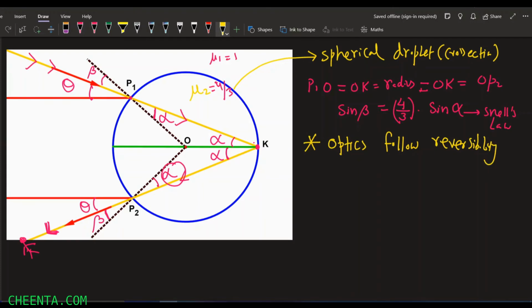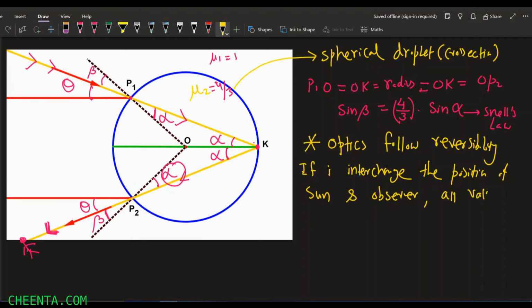That means that if I interchange the position of the sun and the observer, all values will remain the same.